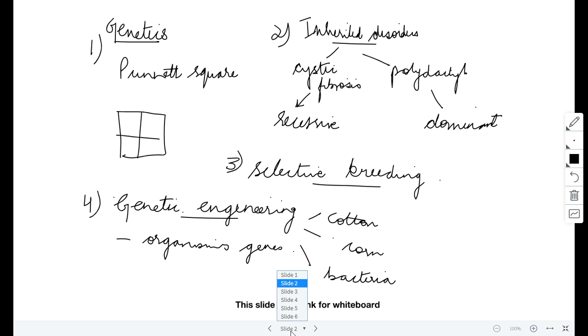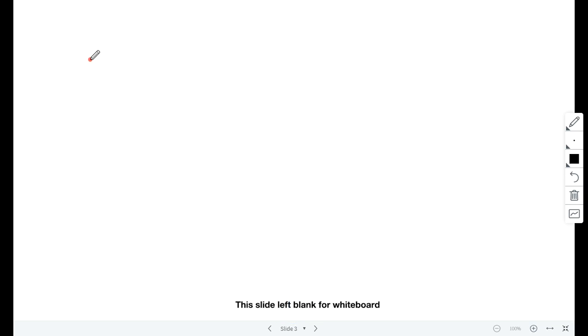Now can you tell me how can we alter the organism's genes? In the nucleus, the genetic material is found.